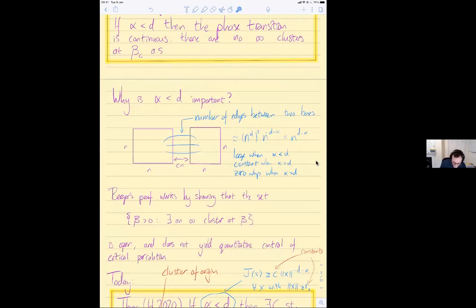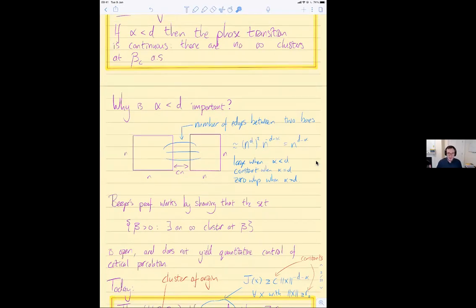Then if you look at the number of edges that you put between those boxes, you can compute what it is in expectation, and you find that when alpha is less than D, this is going to be a large number of these long edges with high probability. When alpha is equal to D, it's going to be an order 1 number of edges. Whereas when alpha is bigger than D, there will be no such long edges with high probability. So there are these three regimes where the geometry of the model changes.